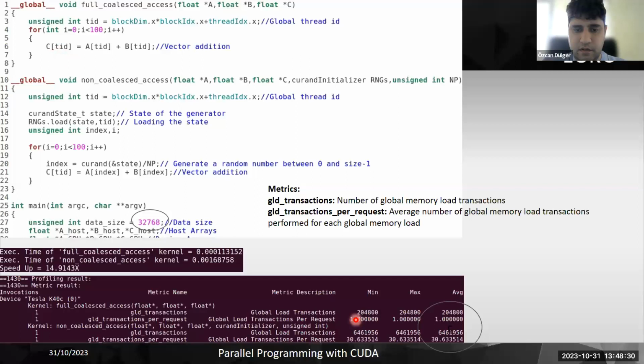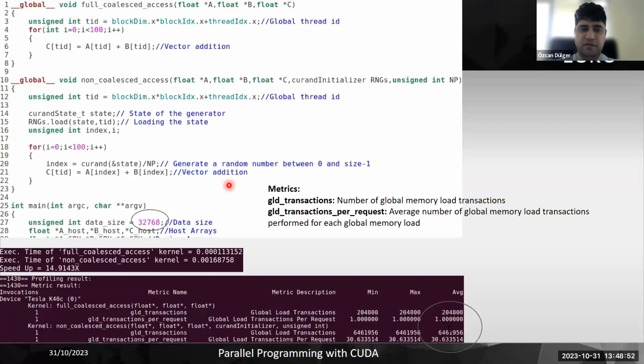Okay, let's check the result of the non-coalesced access kernel. I will not calculate the total number of global load transactions. We can do it with that formula. And we get the number of load transactions per request is around 30, as you see.